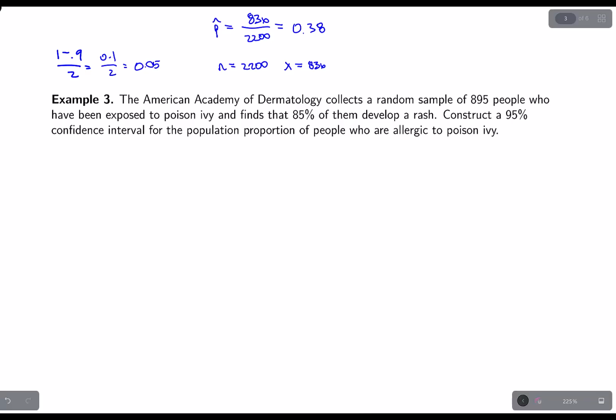So again, look to what you're being asked to do. You're being asked to construct a 95% confidence interval, and again, it goes on to say to do that for a proportion. So you already have a pretty good idea of exactly what you need to do.